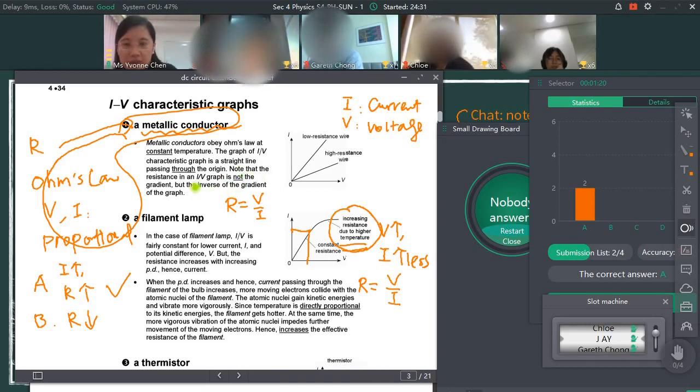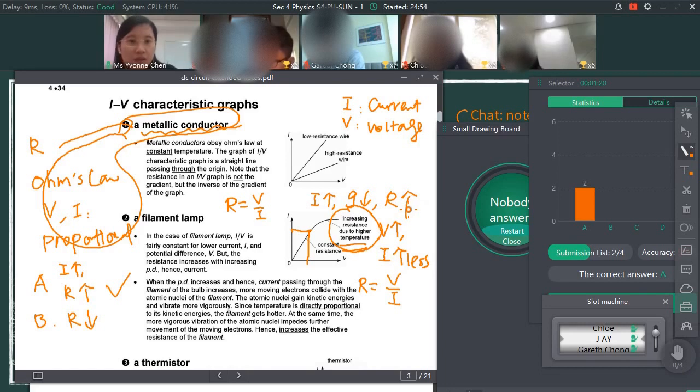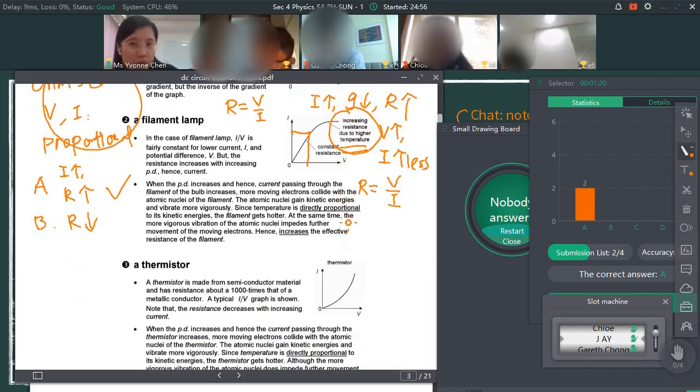Note that the resistance of an IV graph is not the gradient, but the inverse of the gradient of the graph. Take note of this. So for this graph, as the current increases, the gradient decreases. So the inverse of the gradient increases. You need to understand the graph. There will be questions on that.